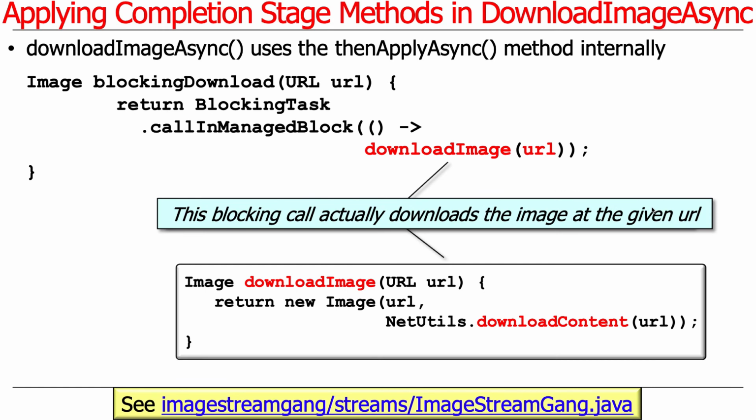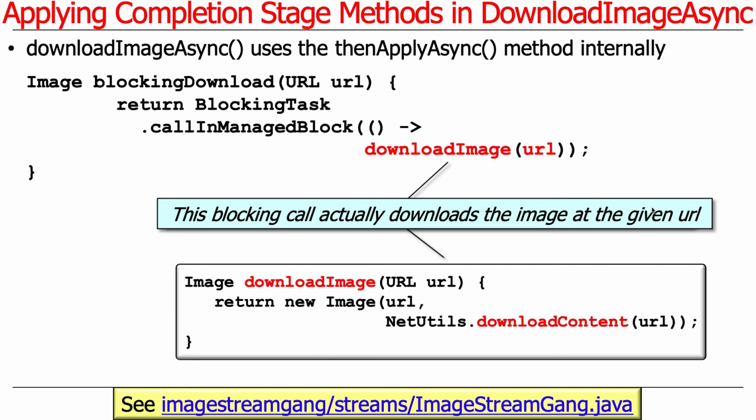So this supplier lambda will be called in the context of the managed blocker, and that will then go ahead and download the actual content. This will actually go out and grab the content at that URL and download it.